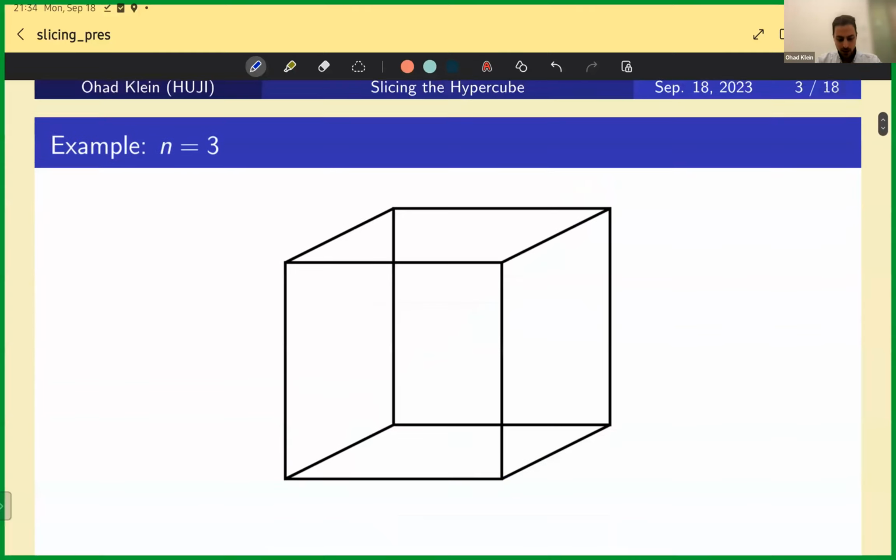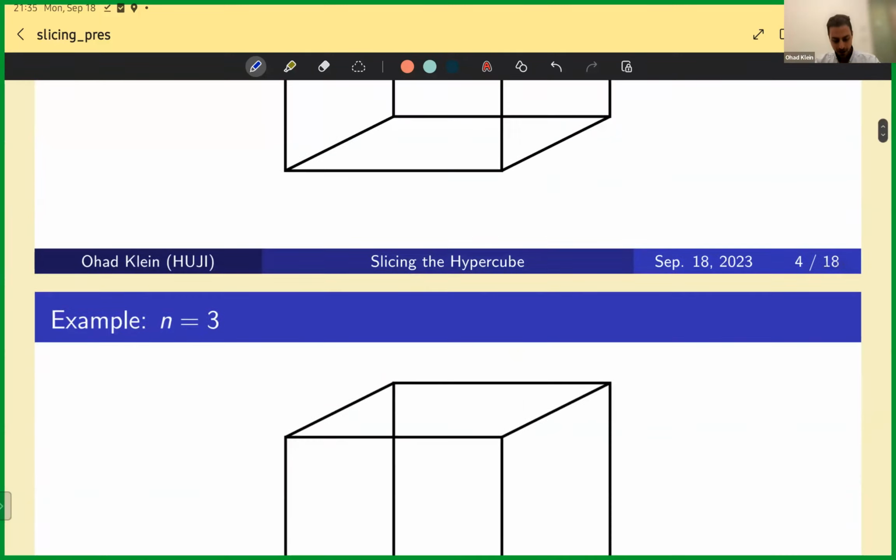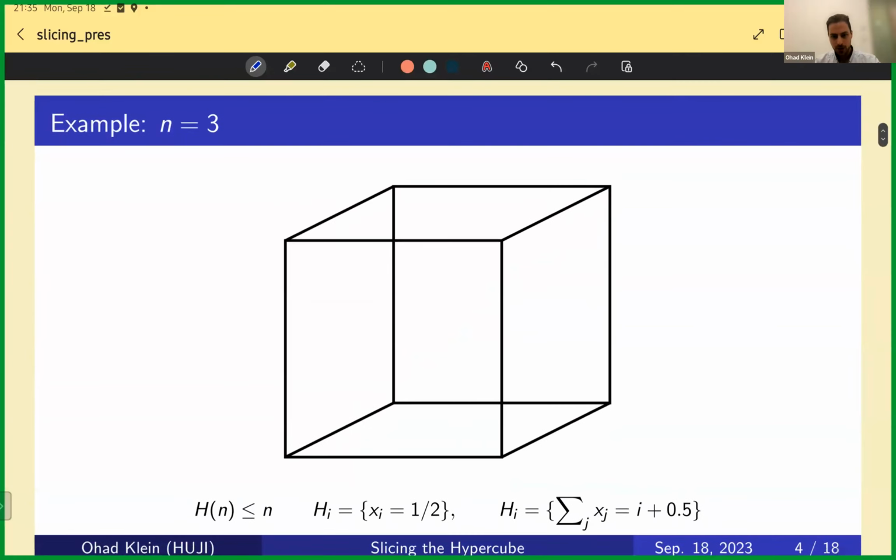Okay, so now let us go to n equals 3. What happens here? How many planes do we need? Yeah, so three works. We have 2 examples, as we discussed before.